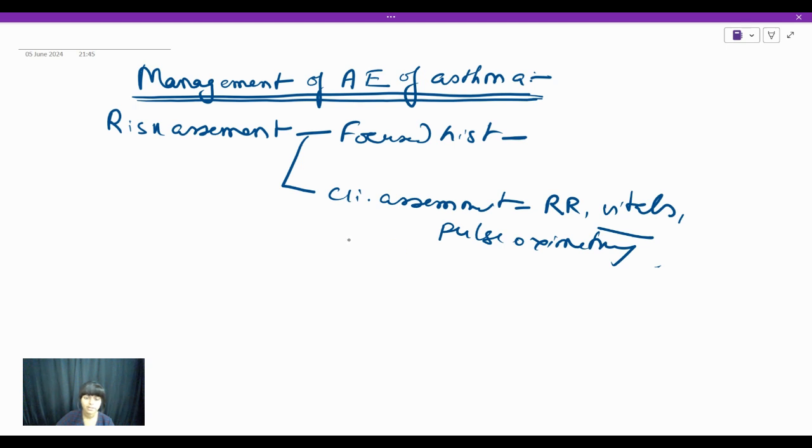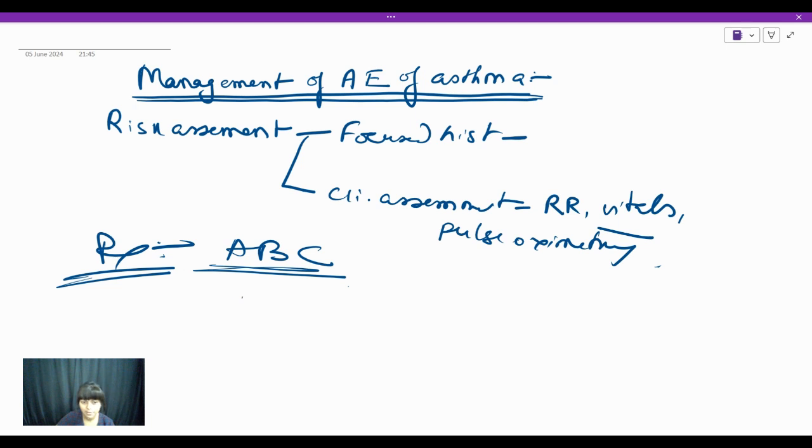After this, you need to do the treatment. In any emergency you should do the ABC: airway, breathing and circulation. The first thing is to administer moist oxygen, to reduce hypoxia.